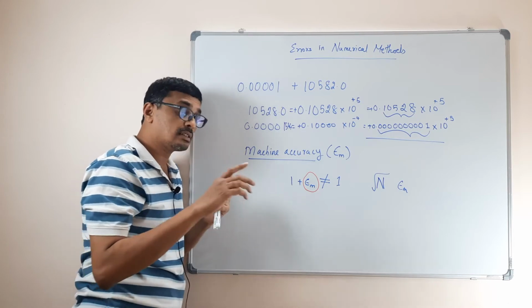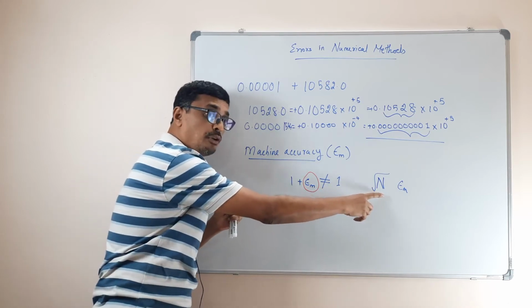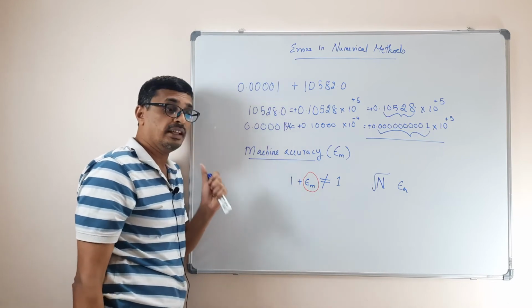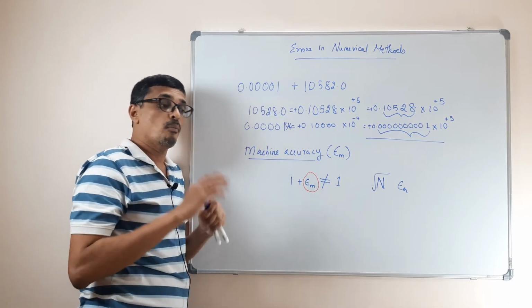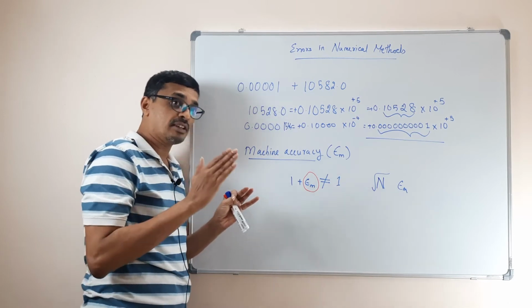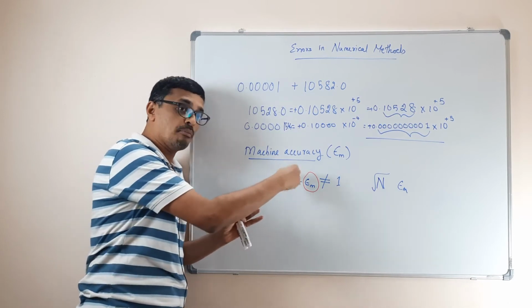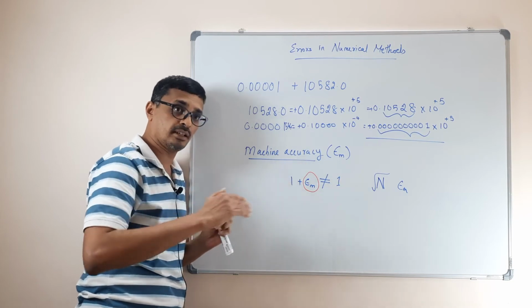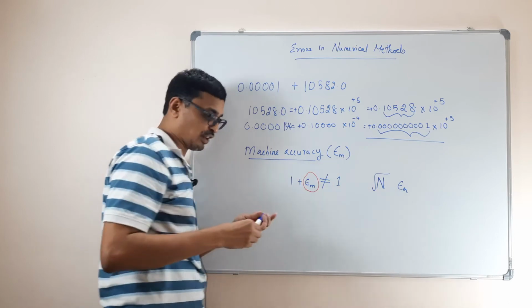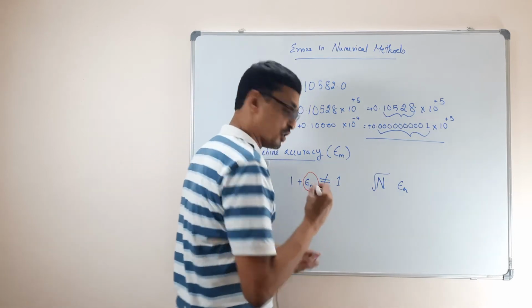But if you get this root n times epsilon m, you are lucky. Most of the time, the machine accuracy error in your algorithm will be unidirectional. It will be either always positive or always negative. So you will get n times epsilon m, not root n times epsilon m.